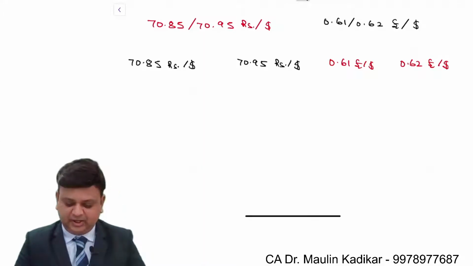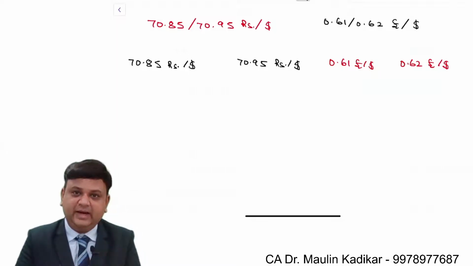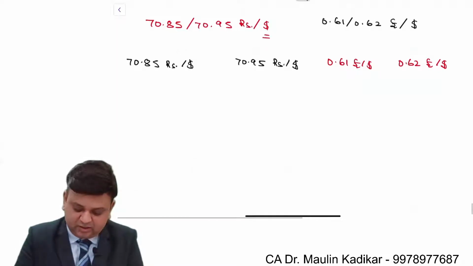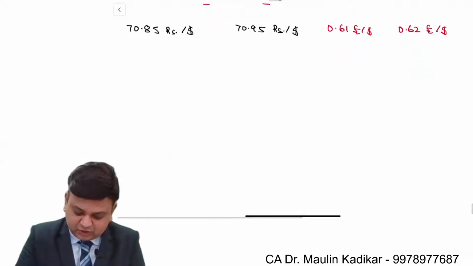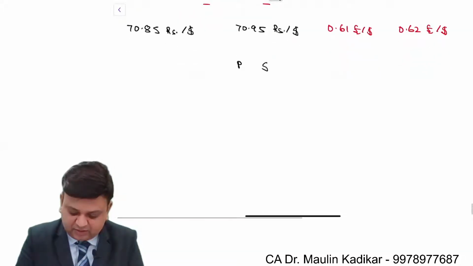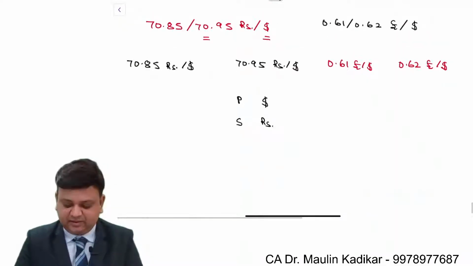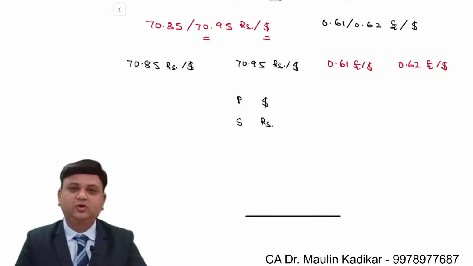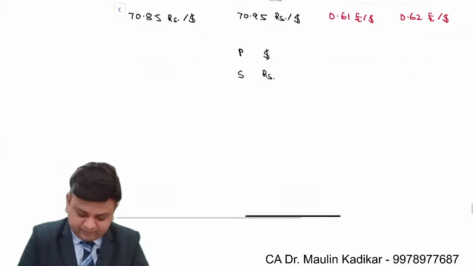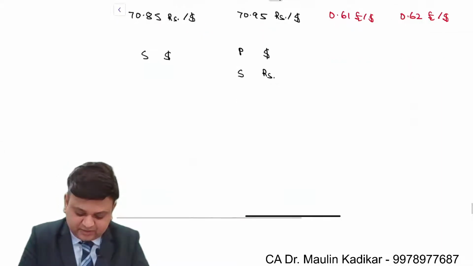If I go to the bank to buy a dollar, I have to pay more rupees. So for the purchase of dollar and sale of rupees, this is the rate applicable. And if I go to the bank to convert dollar into rupees, I'll get fewer rupees. So it is sell dollar, purchase rupees.